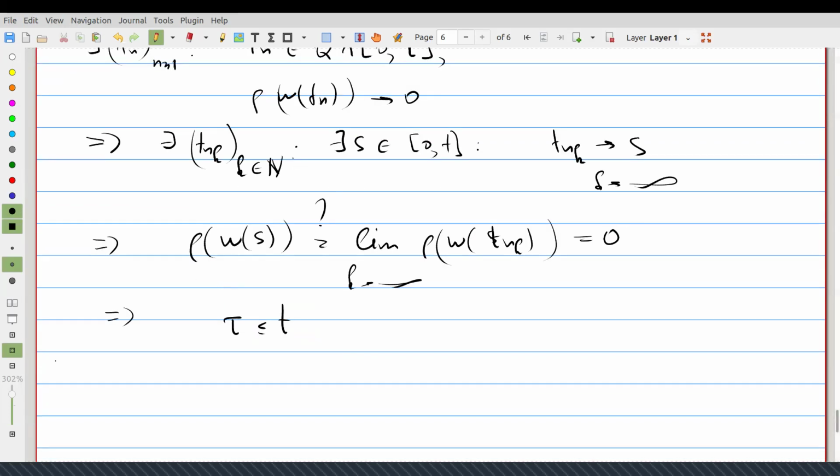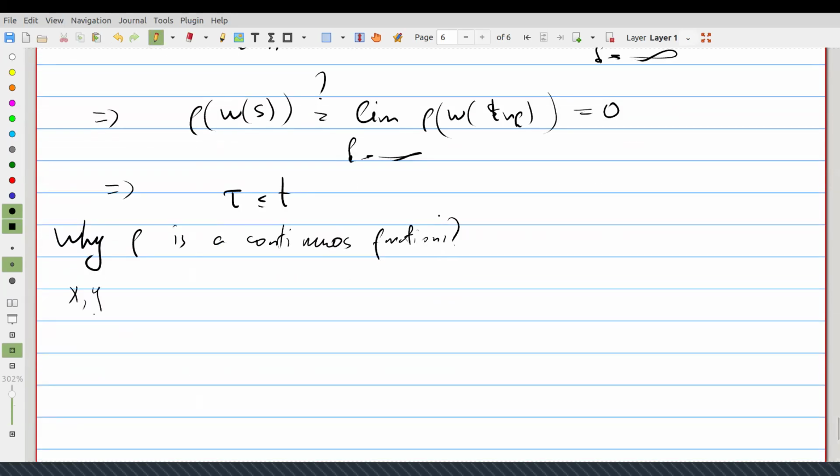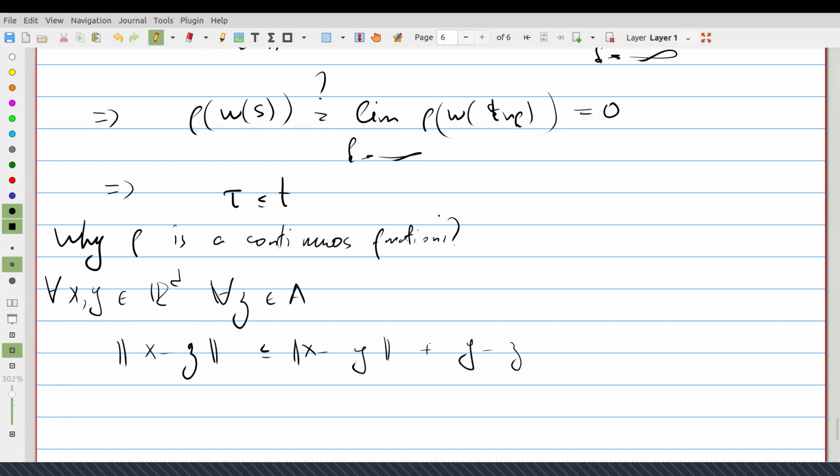So what we need to know is that rho is a continuous function. It's easy to see. Because if we take any two points x and y in R^d and z belonging to A, then the distance from x to z is less than the distance from x to y plus the distance from y to z by the triangle inequality.